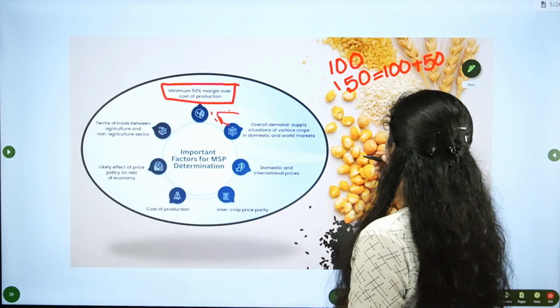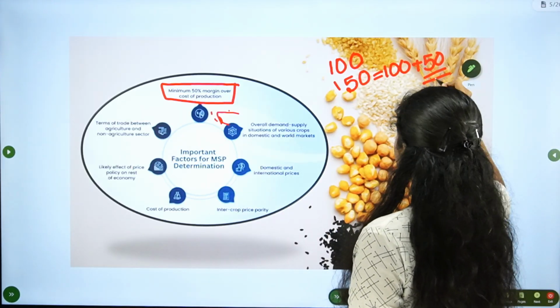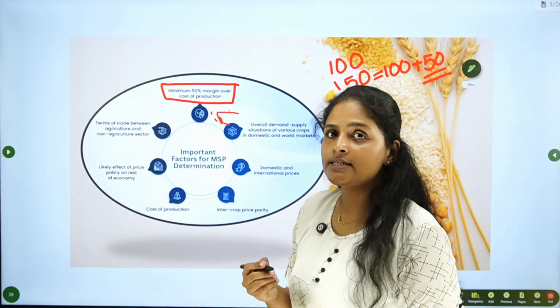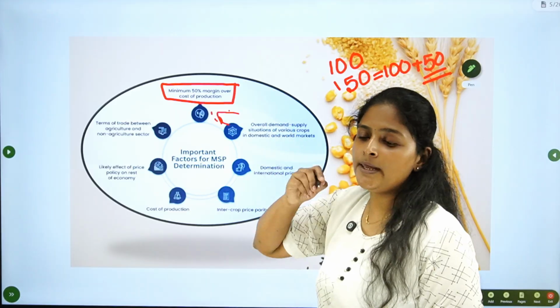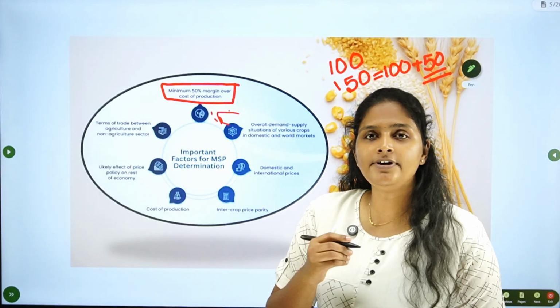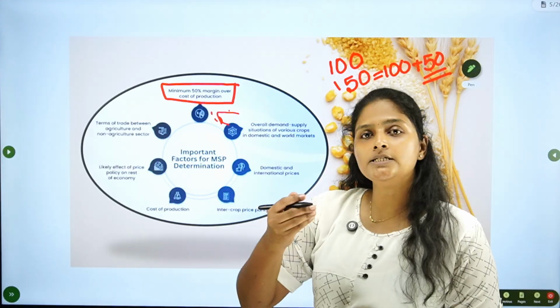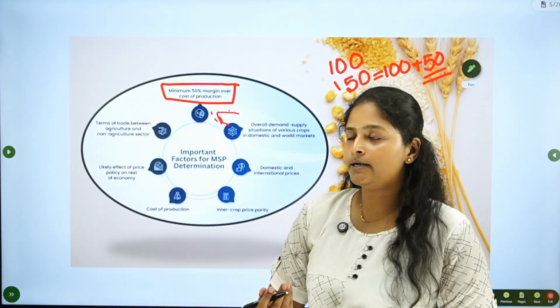Right. So, CACP ensures this 50% income for the farmers. That's how the CACP fixes the price for every crop, as 50% of cost of production is added.